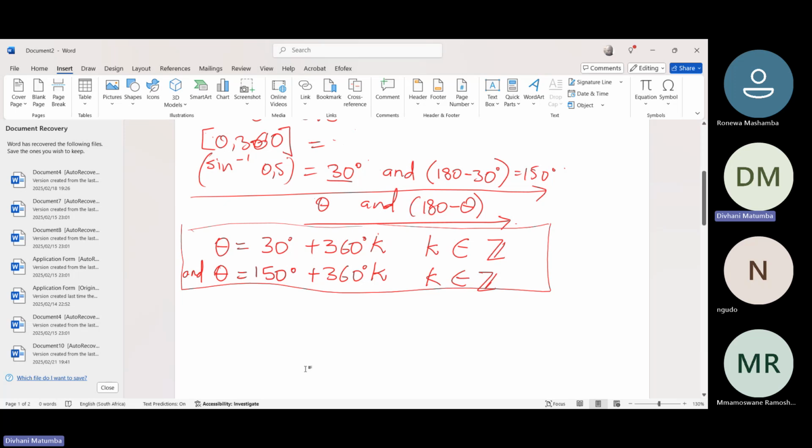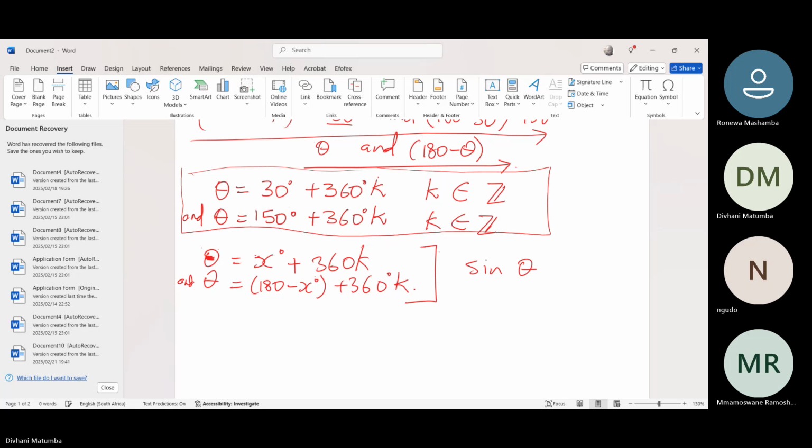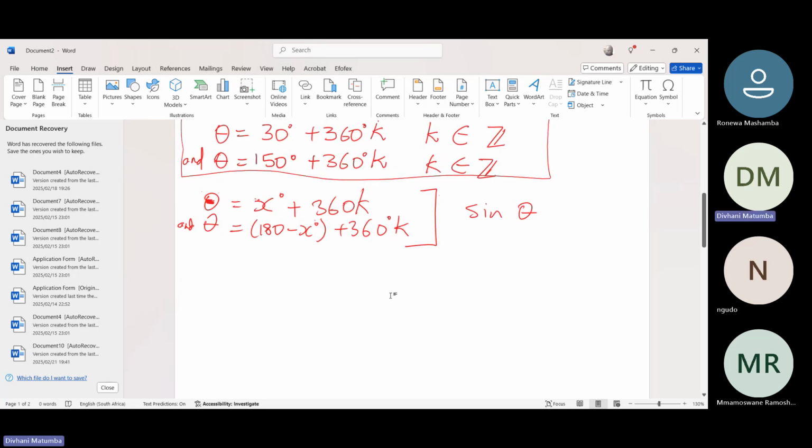If you are dealing with the sine graph, the angle is given by the angle plus 360 degrees k, and... okay, that's where it ends.